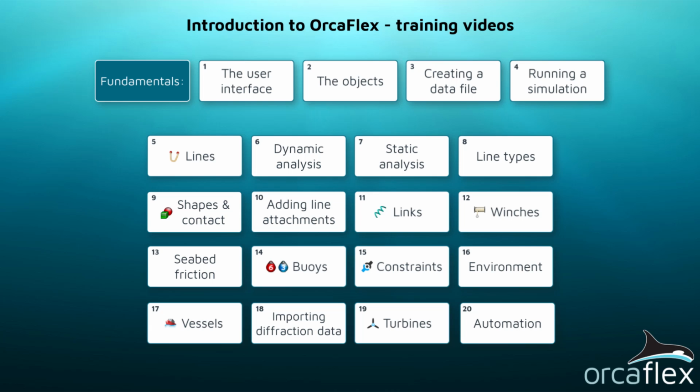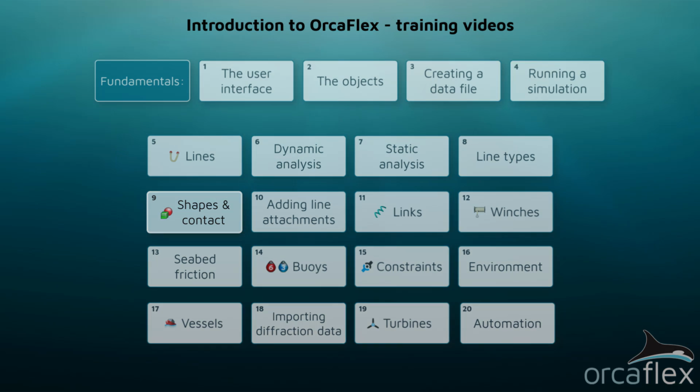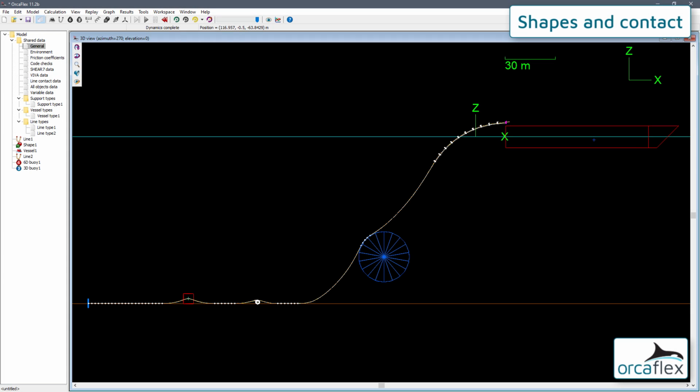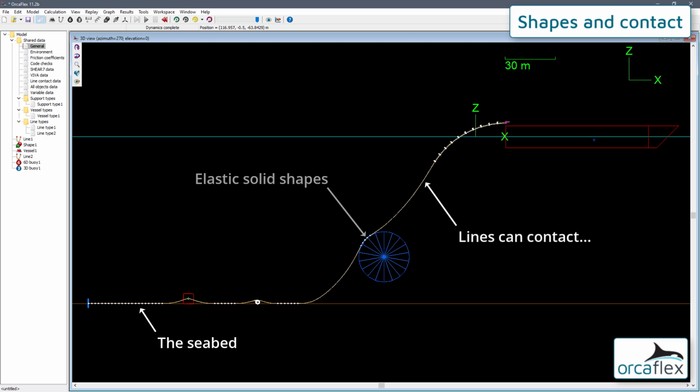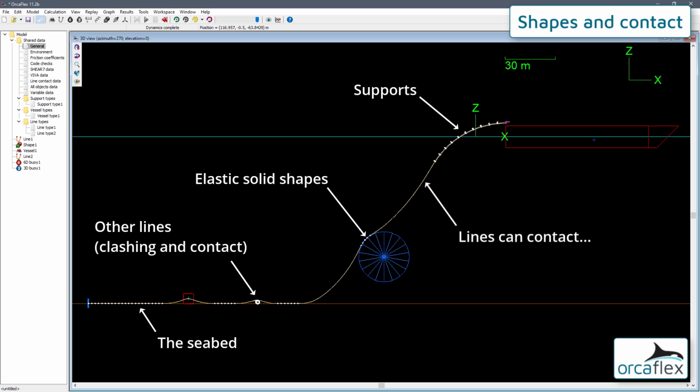This video will focus on the shape object and the various contact models available to us in Orcaflex. Firstly, it is important to remember that not all objects in Orcaflex are permitted to contact each other. Lines can contact the seabed, elastic solid shapes, supports, and other lines via the line clashing and line contact models.